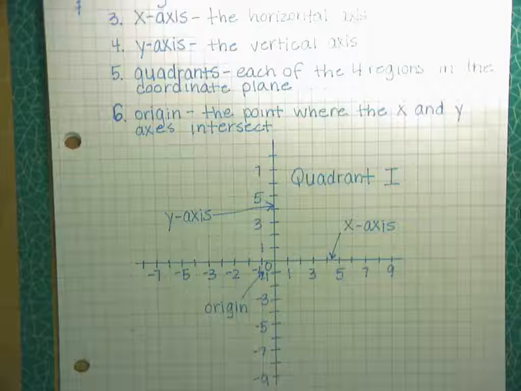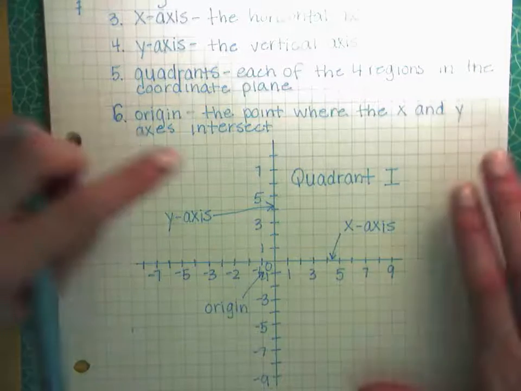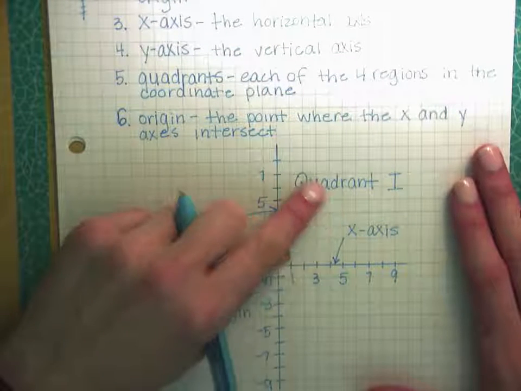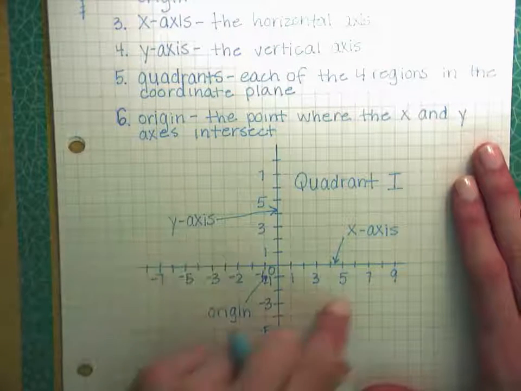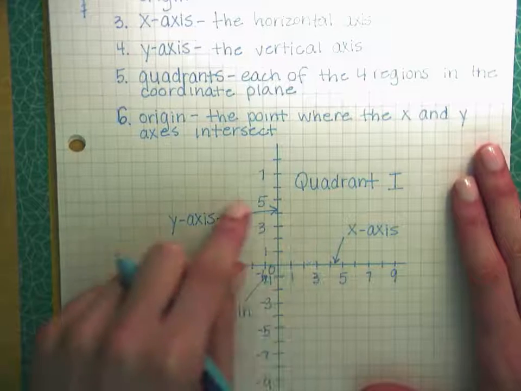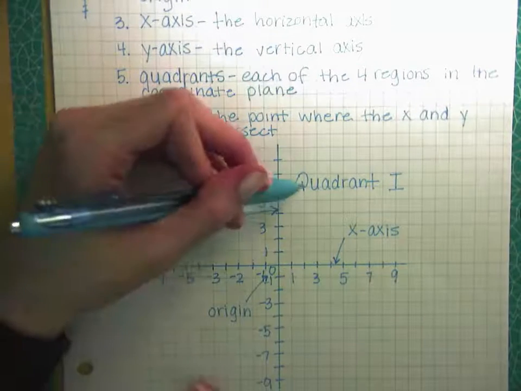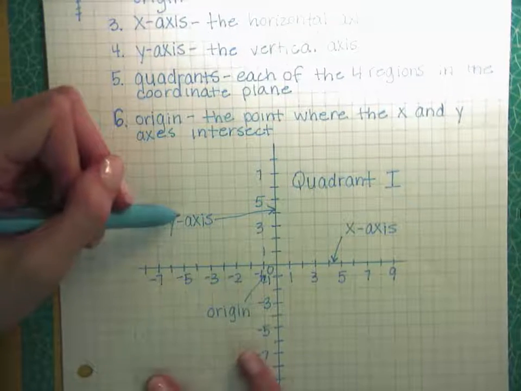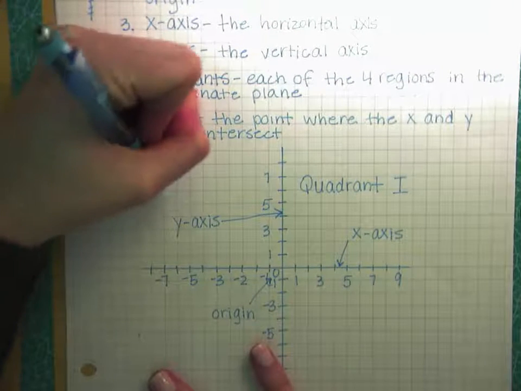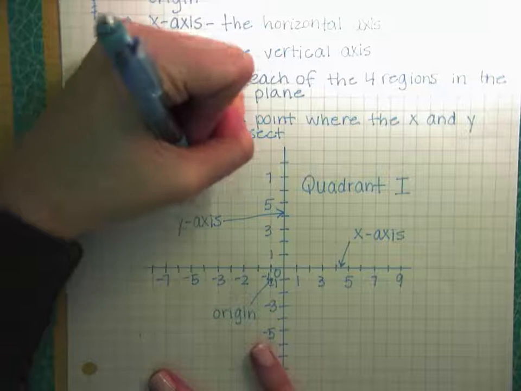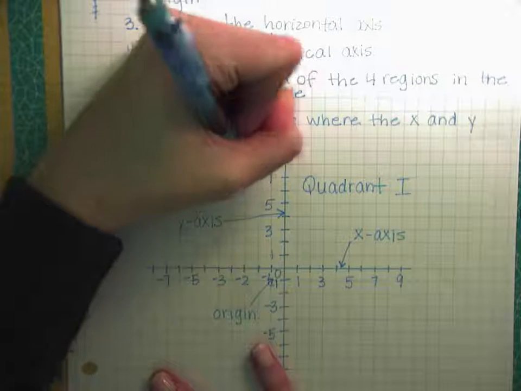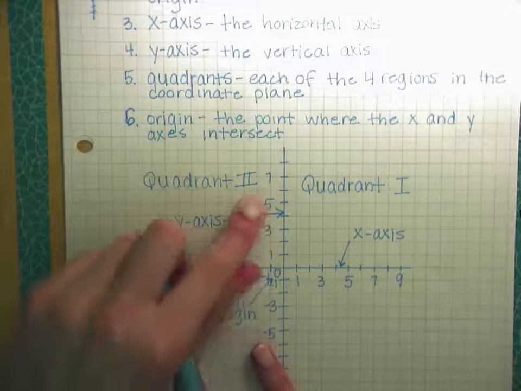Now when we continue, we're actually going to start here and go counterclockwise. Okay? So we're going to go to the left, then down, then to the right. Okay, so if this is quadrant 1, directly to the left should give us quadrant 2. And this is the Roman numeral for 2.